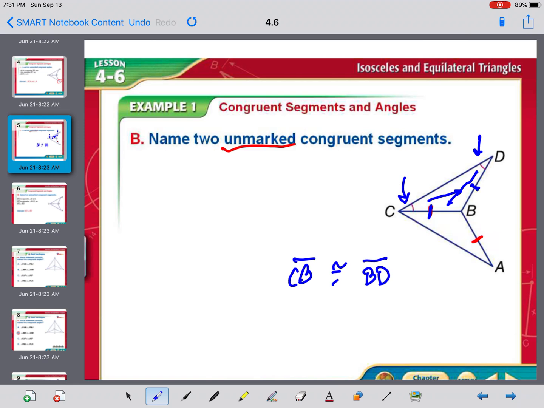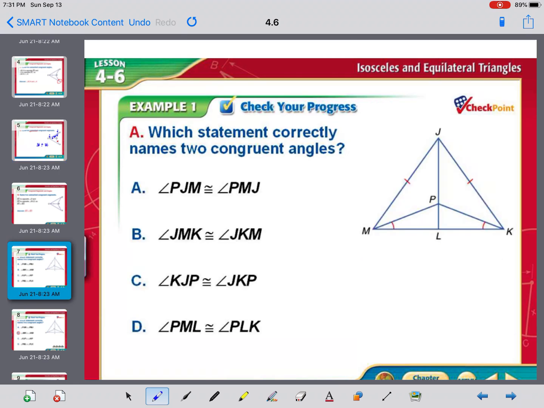I would say segment CB is congruent to segment BD, or DB, whichever one you want. They got BC, BD. Maybe we got CB, BD. Same sides. Okay, like I told you, this is the easy part.